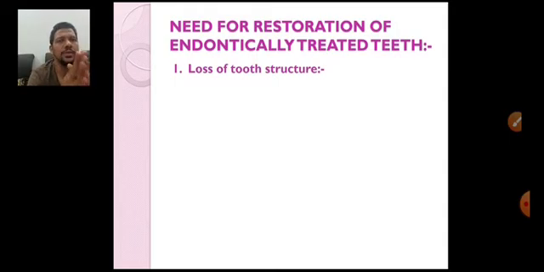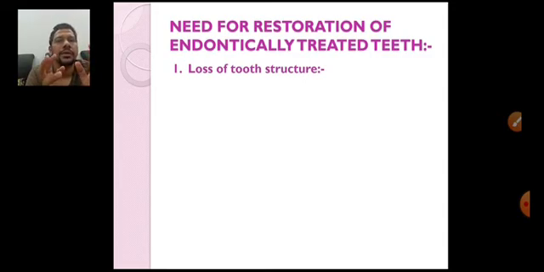So, how the loss of tooth structure happens, which I mentioned earlier. Usually about 80 to 90 percent of root canal treatments are due to extensive caries, which may or may not involve the pulp or be approaching the pulp. So in such cases, you can definitely see a lot of coronal tooth structure loss. So tooth structure loss will be the common scenario in such root canal treated cases.